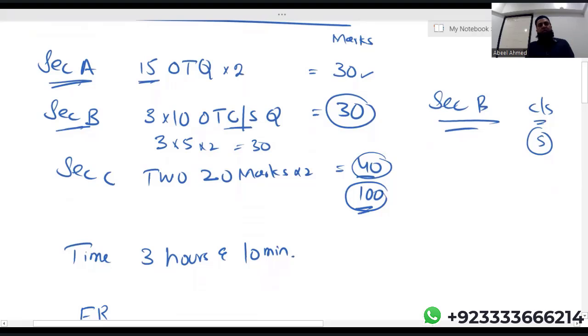Section A 30 marks, section B 30 marks, and section C 40 marks. Obviously, when you are dealing with a numerical question in section C, the numerical part of that question you have to solve on the spreadsheet, and the discussion part you have to deal with on MS Word.